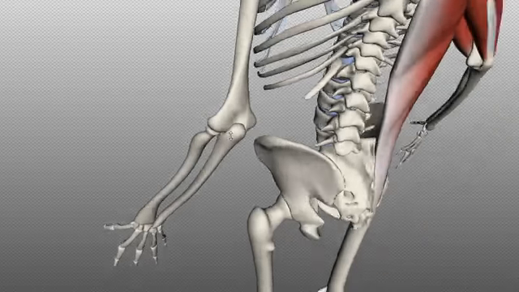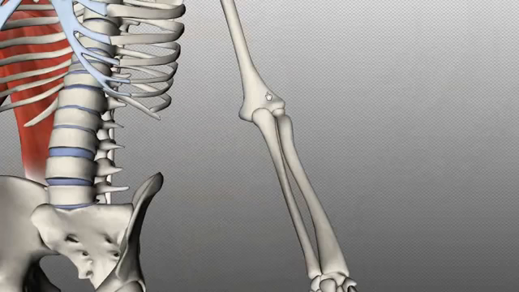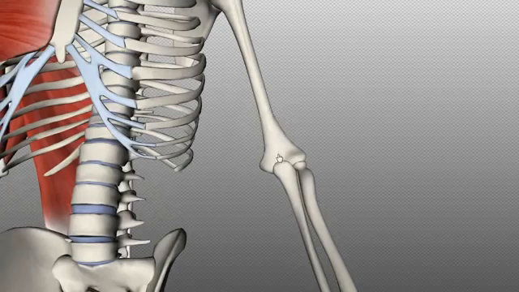So fractures that you get above the condyle are called supracondylar fractures, and they're quite common in children. So when a child falls on their outstretched hand, it's quite common to get a supracondylar fracture. So a fracture around this level here, above the condyle.